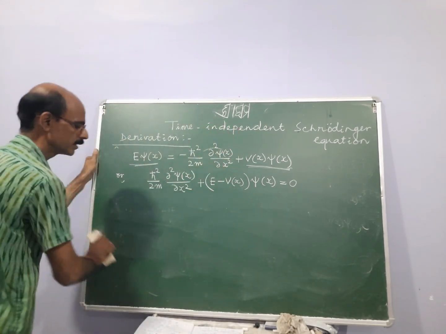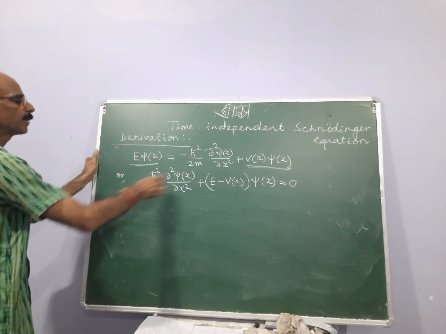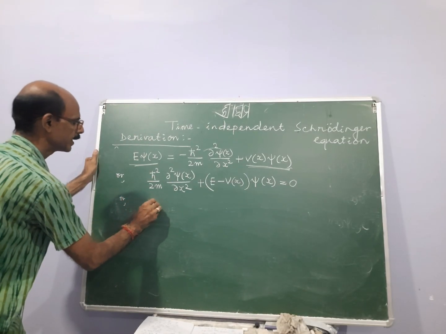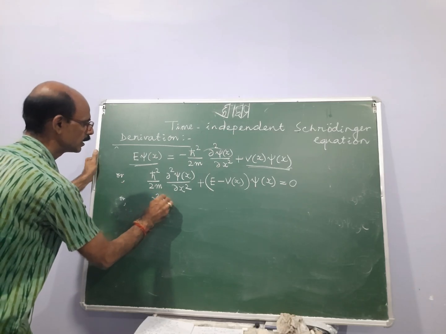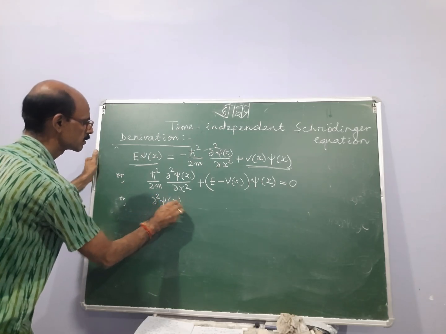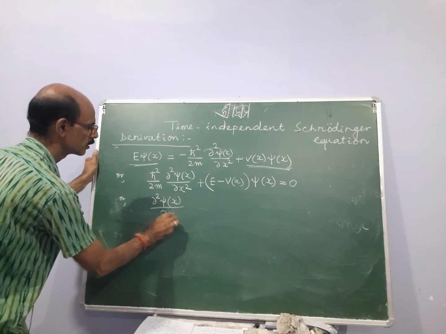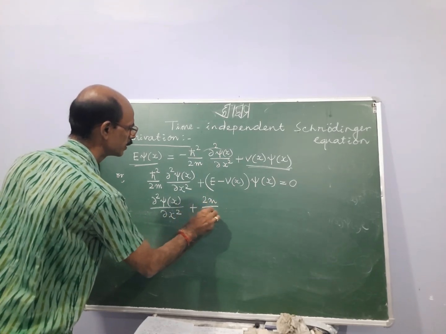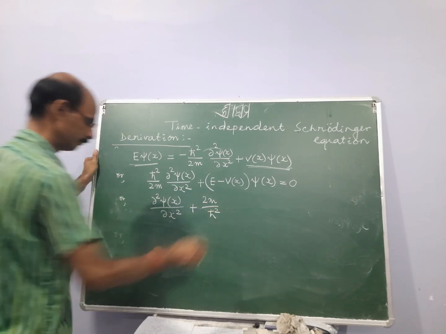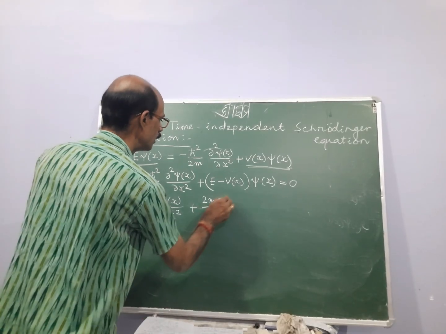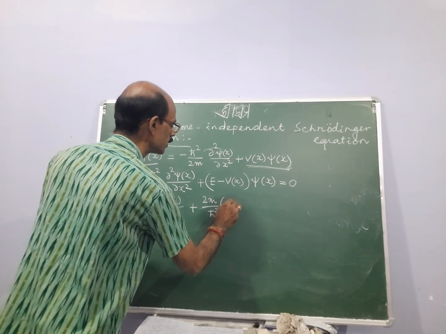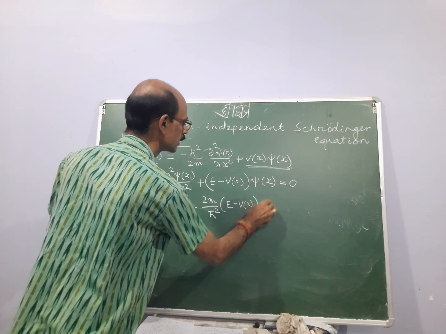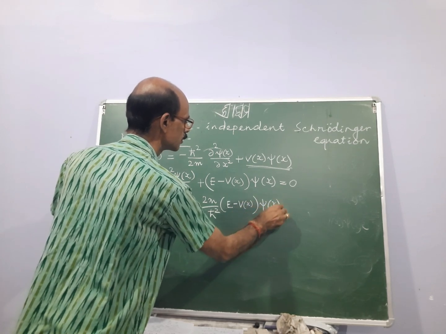After a little simplification, multiplying throughout by 2m by h cut square, we get del square psi x by del x square plus 2m by h cut square (E minus V x) psi x is equal to 0.